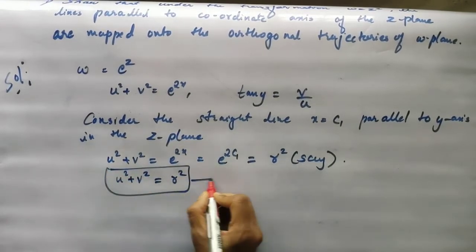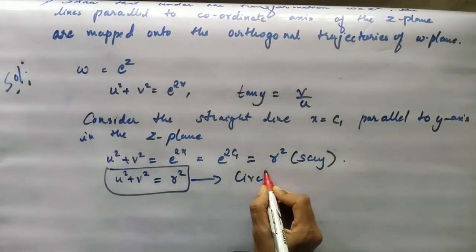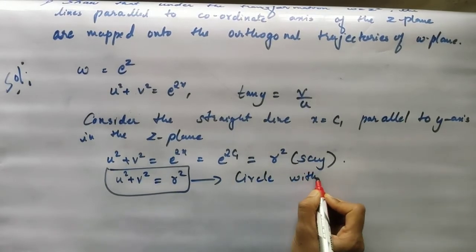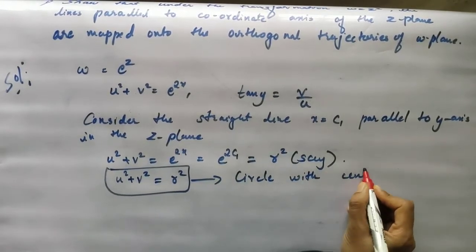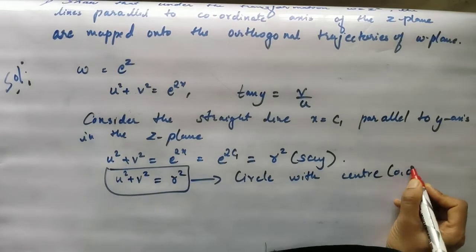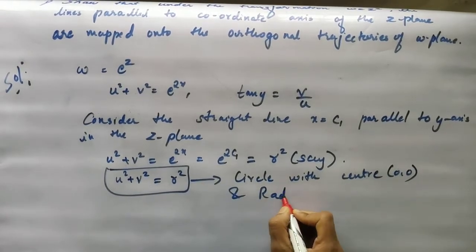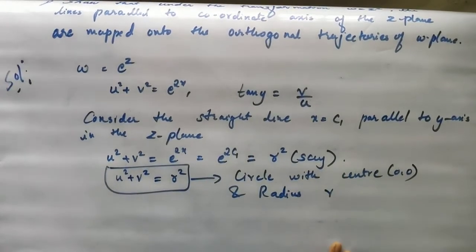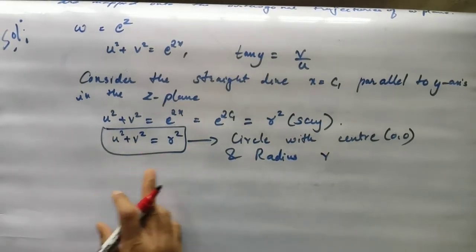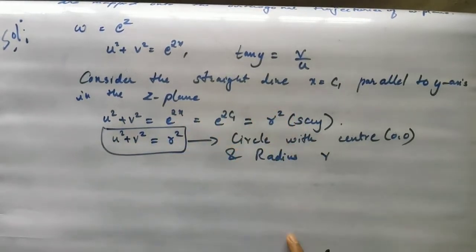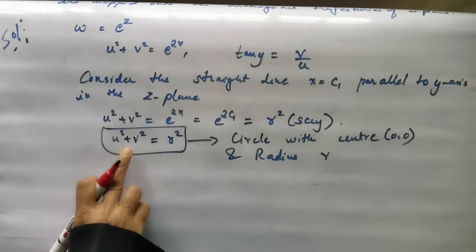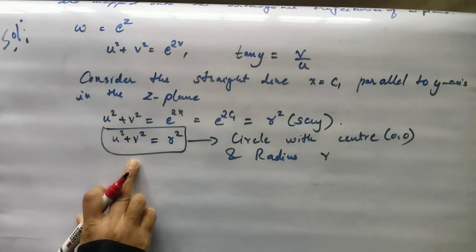This represents a circle with center origin and radius r. Yes or no? Look at this. We just substituted x is equal to C1, we got this equation, and this is nothing but a circle, is it not?